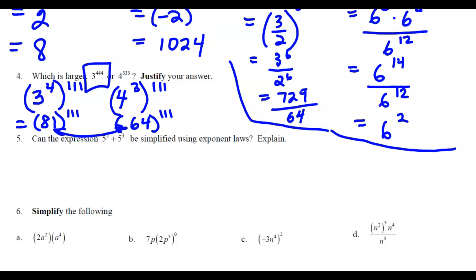Look in the chart. No, there's no law for that. So there's no law for adding powers with the same base.